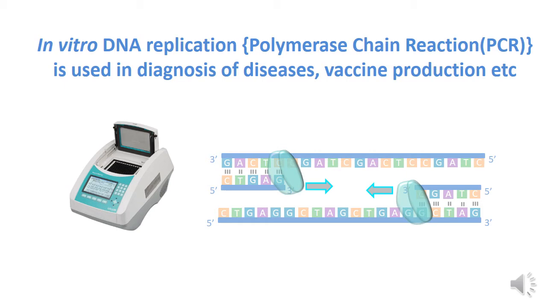The term in vitro stands for outside the body. And these PCR tests can be used not only in diagnosis of diseases but also in vaccine production and many other techniques in recombinant DNA technology.